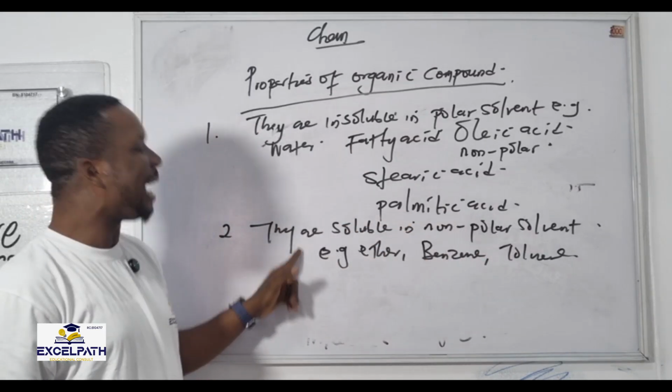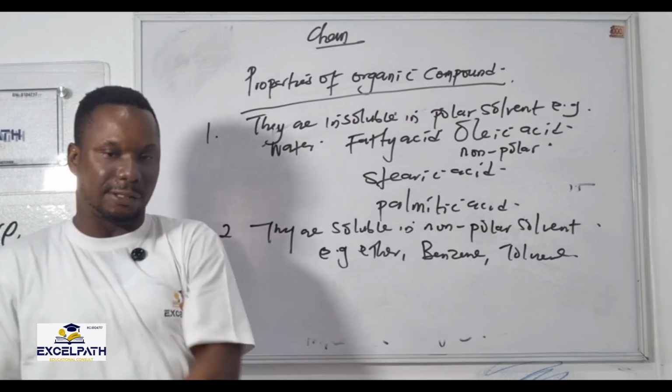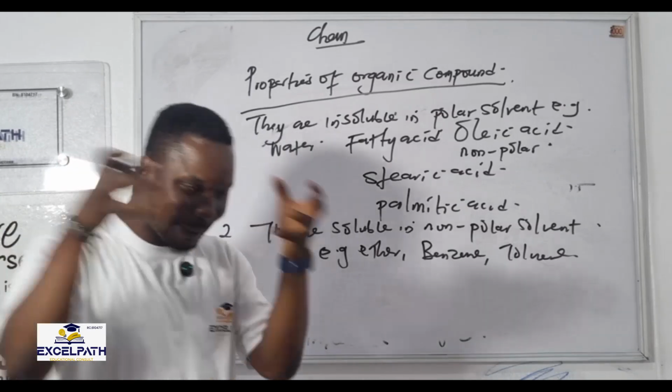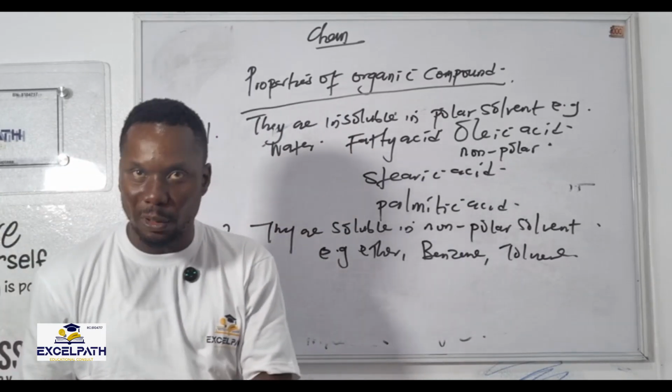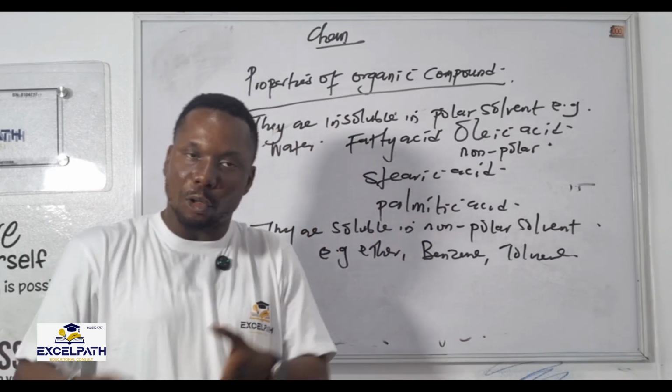That shows they are soluble in non-polar solvents, because non-polar plus non-polar dissolve. You can dissolve kerosene inside petrol. Kerosene is non-polar, petrol is non-polar, so they dissolve. Polar plus polar also dissolve.